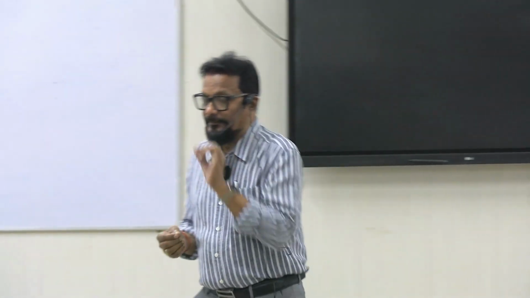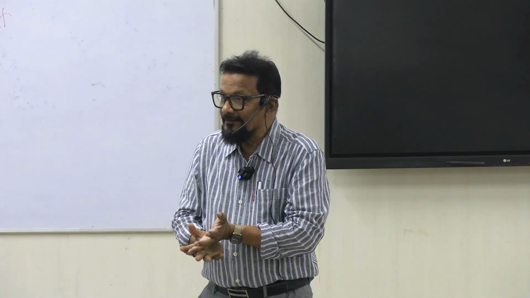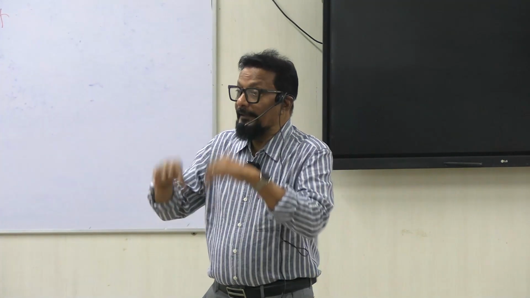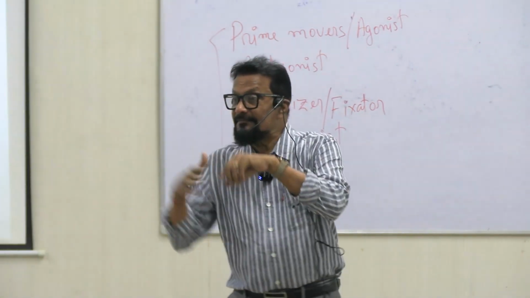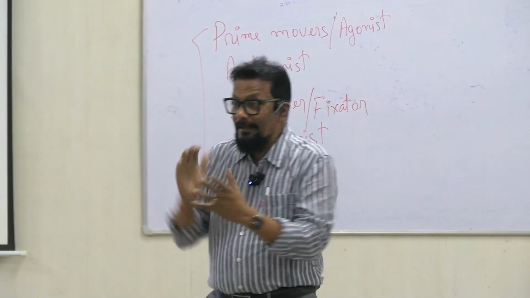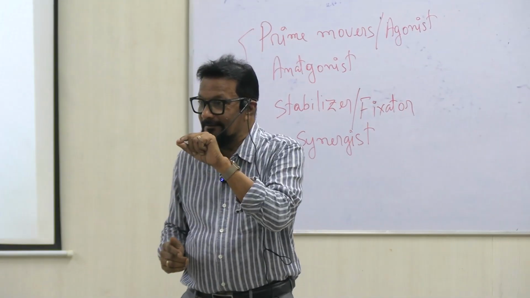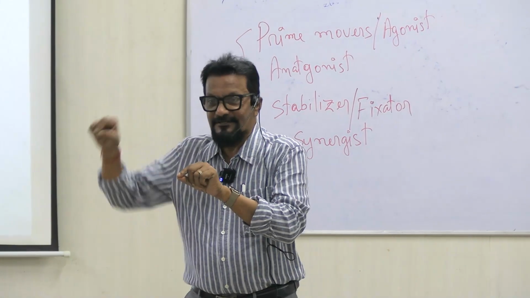So RBCs, when they become aged or defective, say in spherocytosis, or in another condition, become sickle cells. Why? Because the hemoglobin is crystallized. Normally it is not crystallized.